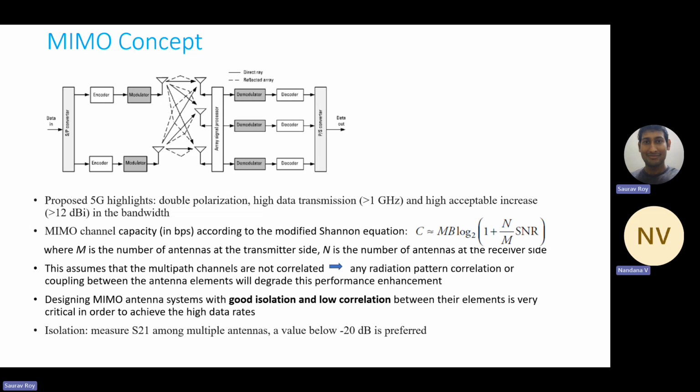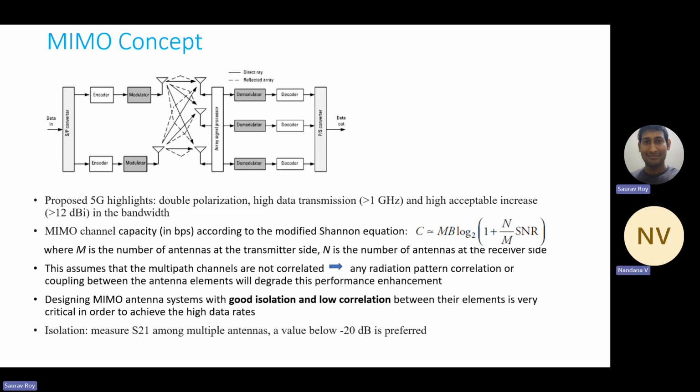Obviously, if you increase the number of channels, the maximum capacity improves. So that is the mathematical basis of this. Also, the assumption is that the multiple channels are not correlated.